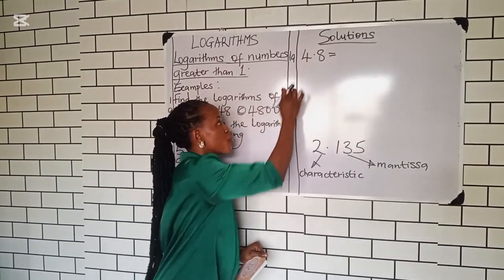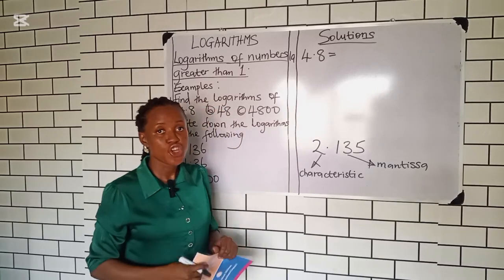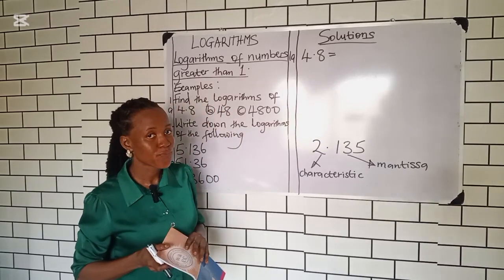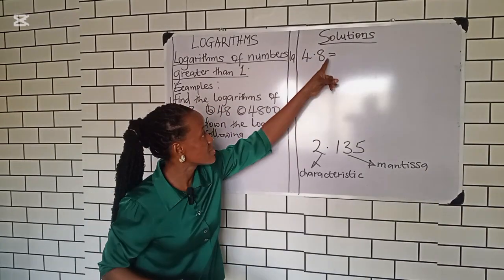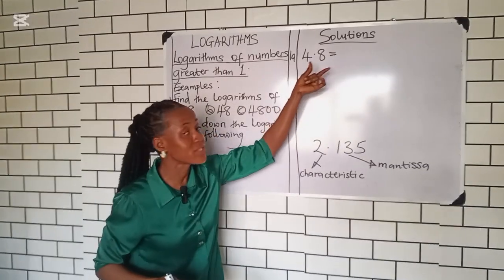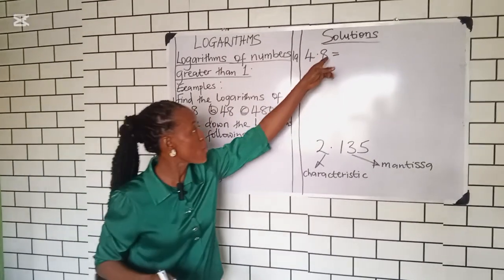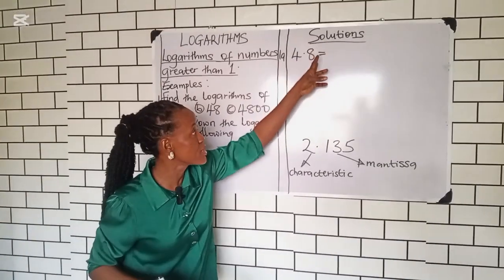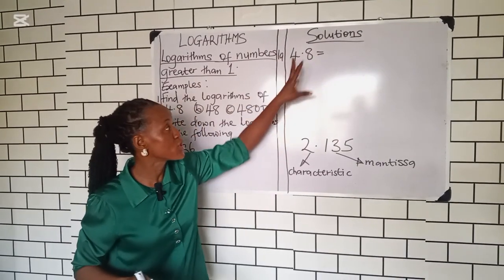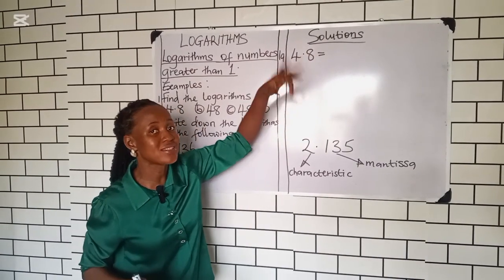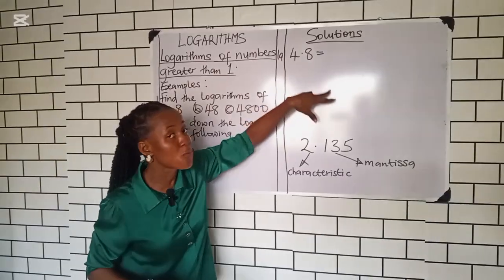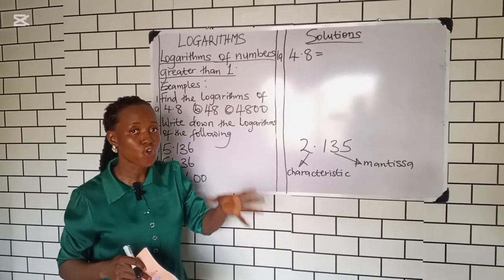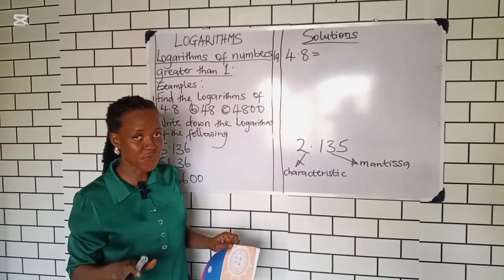You're going to look for 48 under 0 in your four-figure table, because there's no other number here. But if there is any other number, like being empty like this, you have to look for 48 under that particular number. If there are up to 4 numbers, after looking for it under the number, you still have to find the difference.